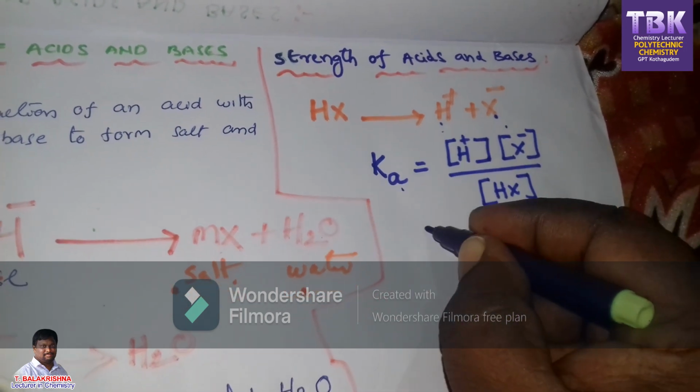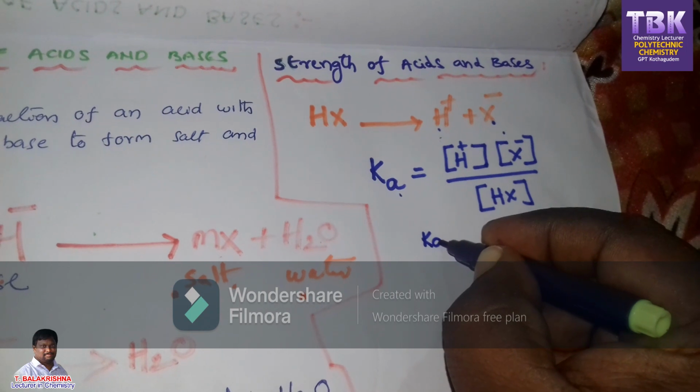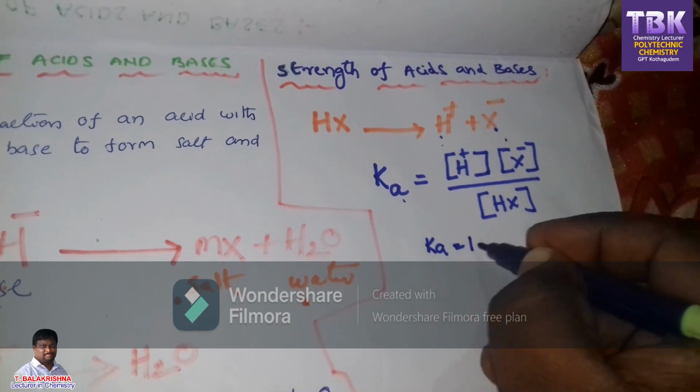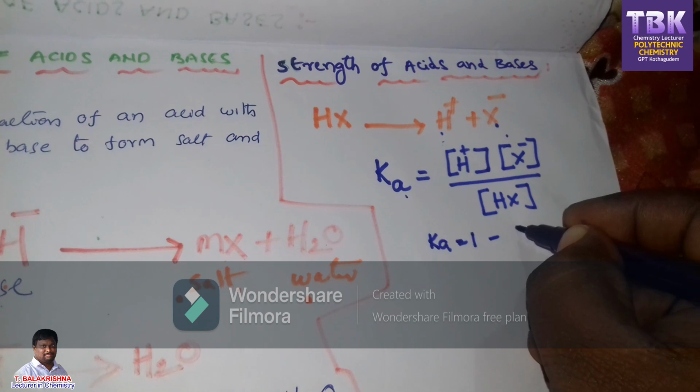So if the Ka value is 1, that is a strong acid.